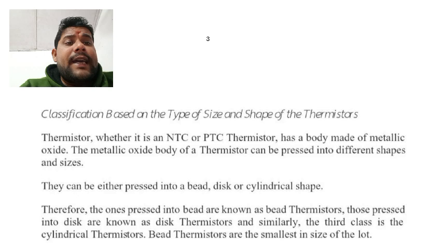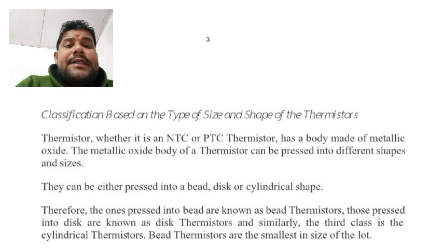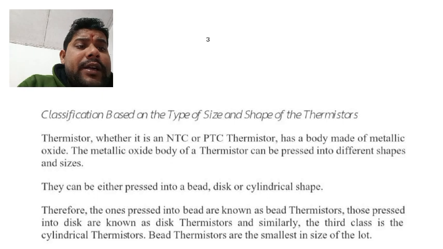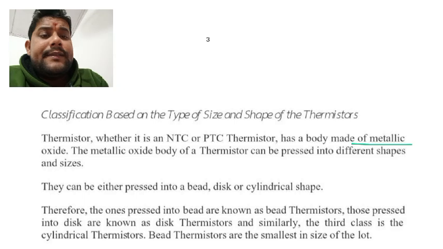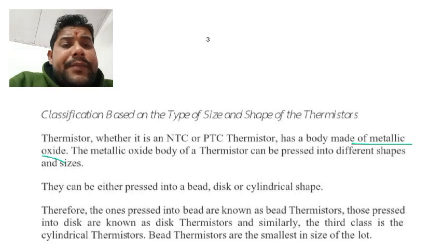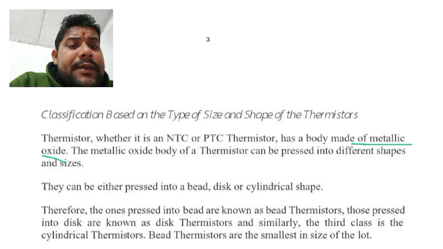Classification based on size and shape. A thermistor, whether negative or positive temperature coefficient, has a body made of metallic oxide. That means the body of the thermistor can be pressed into different shapes.